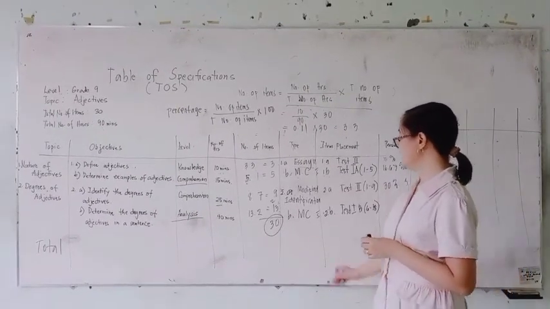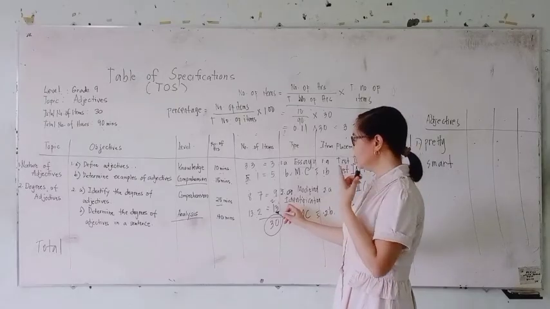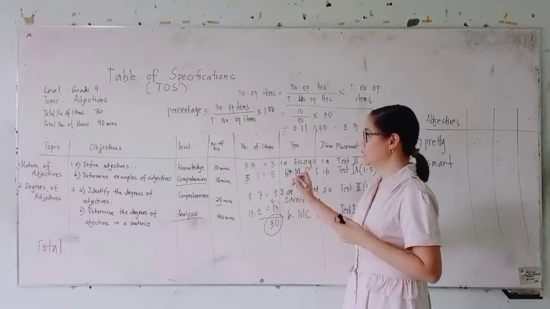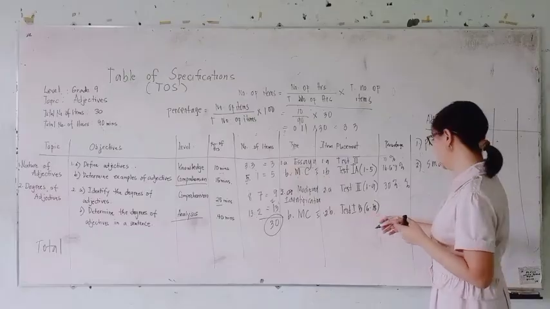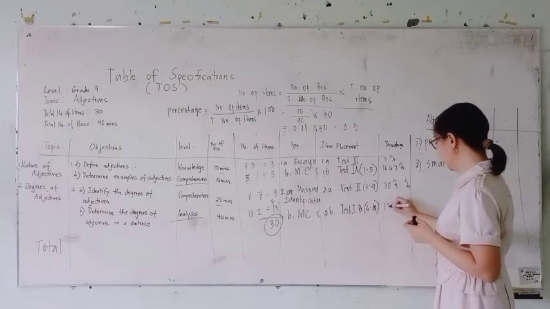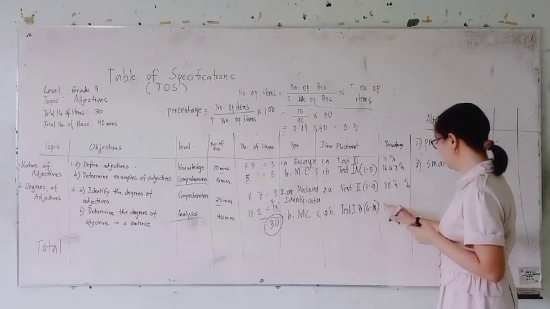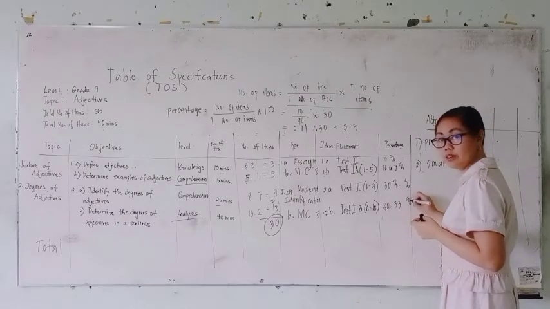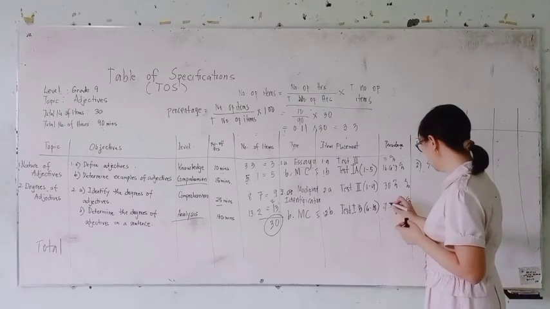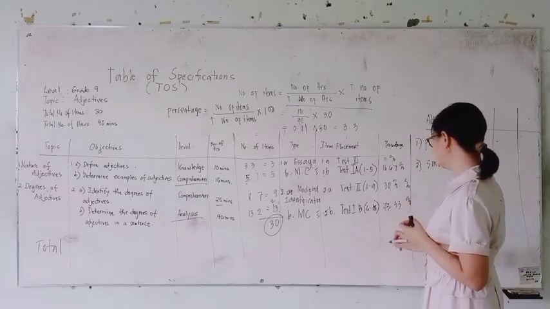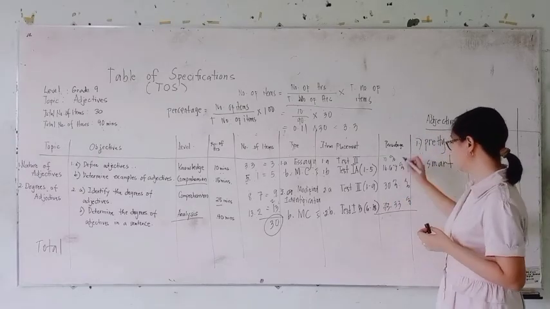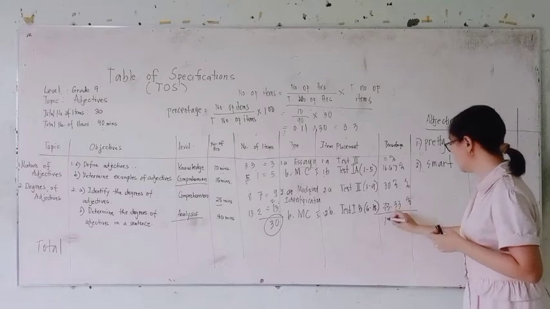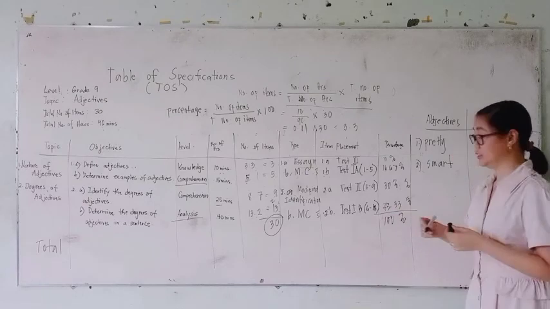And the last thing we have here, 13 divided by 30 times 100 equals 43.33%. So the total here, if you're gonna compute that, is 100%.